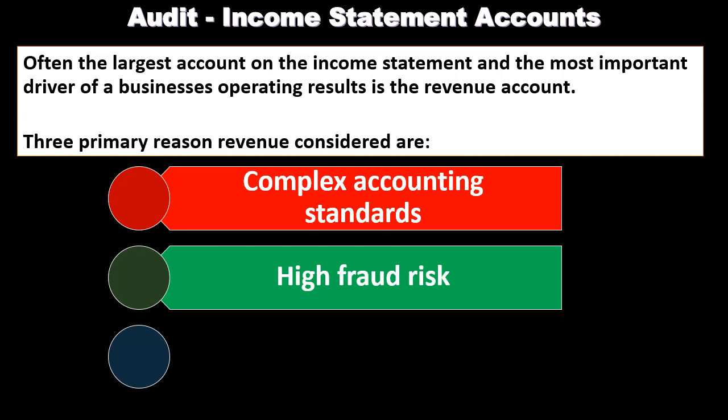High fraud risk, because of course, if a company's trying to look good, one of the major accounts, a high dollar amount type of account that can be involved in that process, would be to adjust revenue in some way, some fashion. That could take different forms, and cutoff testing is one way that it could be used.